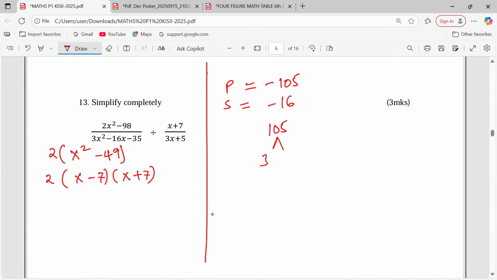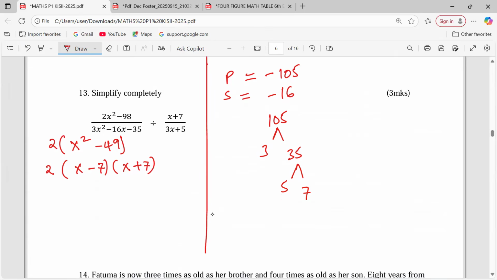So we can factorize 105. By 3, 105 divided by 3 gives us 35. Then by 5, we get 7. So we can now look at the pairings that will give us negative 16. What if we take 21 and 5?